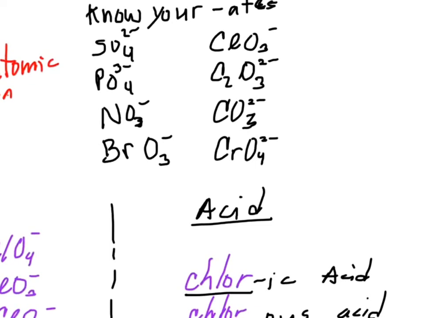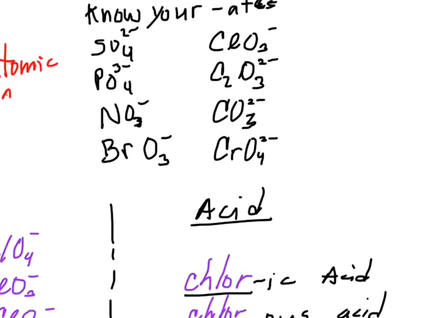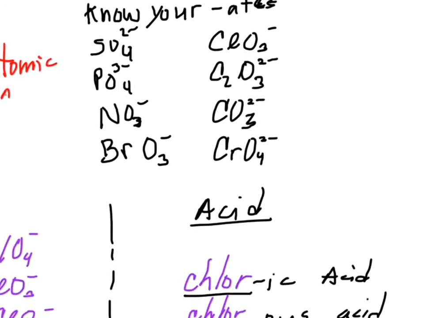And you have two other cases. The first is where you have one additional oxygen above the -ate. In this case, chlorate with one additional oxygen would be ClO4 minus 1. It would be perchlorate. That per is short for hyper, or above that.